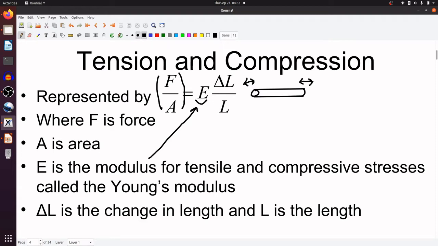This is called the Young's modulus, and we'll do a problem here doing it. And then it's the delta L over L. This is your deformation. Deformation is unitless because it's the change in length over your original length.